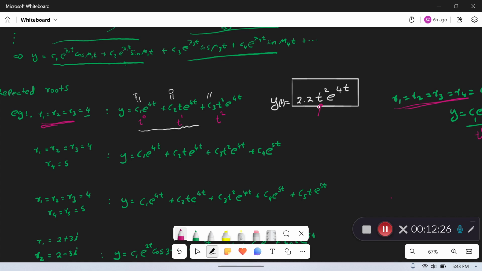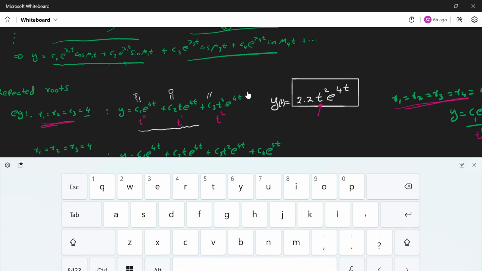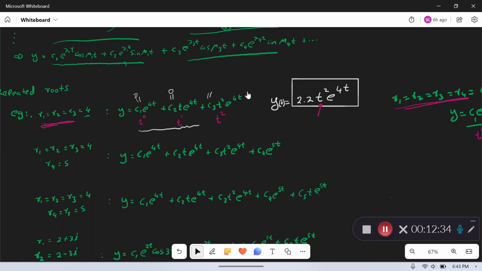You must have a repeated root where the remaining terms were written like this, and the third term will be this one. Therefore, you should have 3 repeated roots. In other words, our polynomial should have a degree 3.